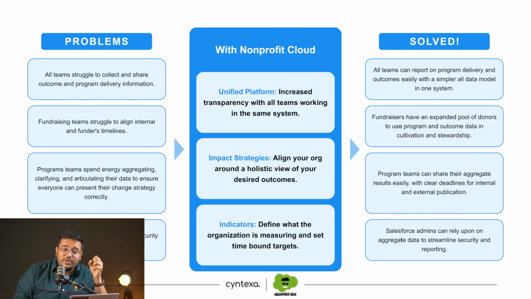Then we have program teams spend energy aggregating, clarifying, and articulating their data to ensure everyone can present their change strategy correctly. Since we have the data and the impact strategy and the outcome indicators aligned, we would be able to share the aggregate results easily, like how well they are doing, with clear deadlines for internal and external publications.